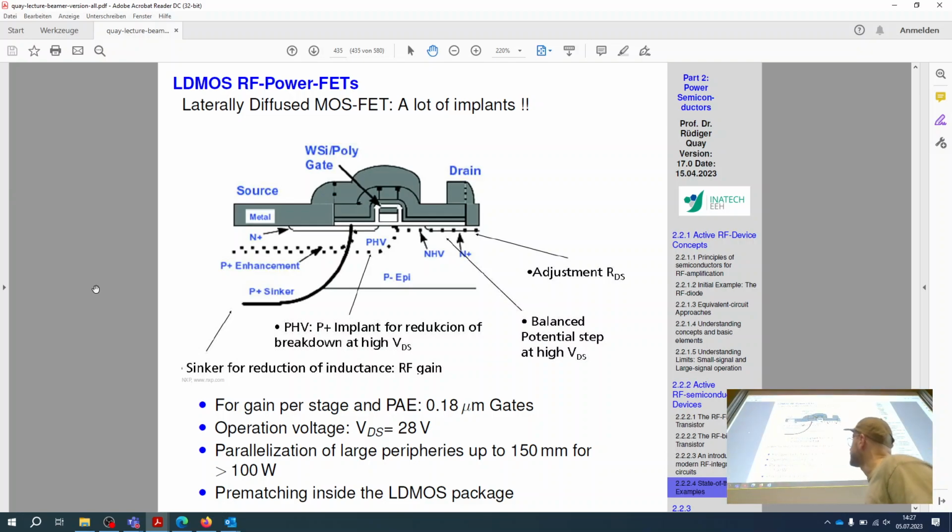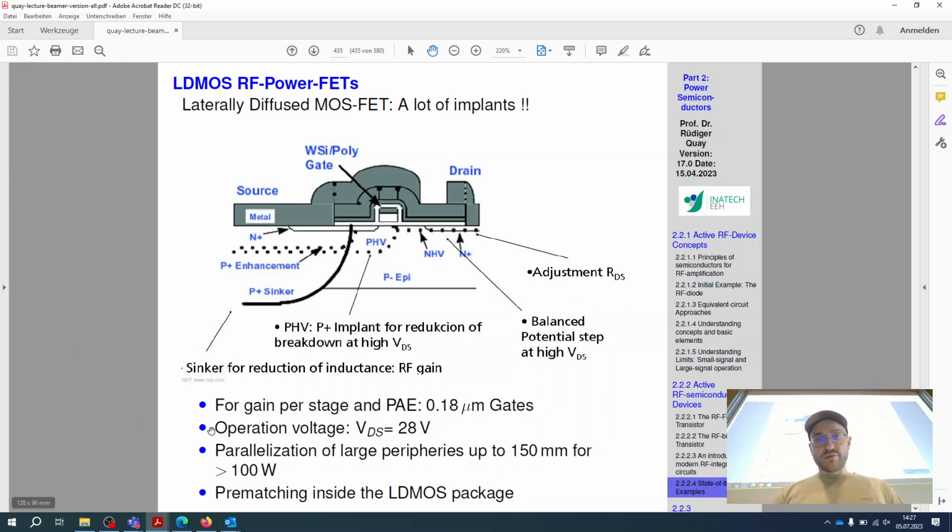Furthermore, there is also a metallic coating on top of the gate, a metallic shielding, in order to even out the electric field across the drain gate connection.